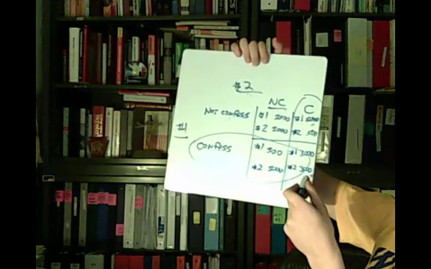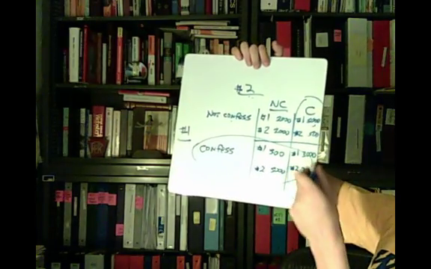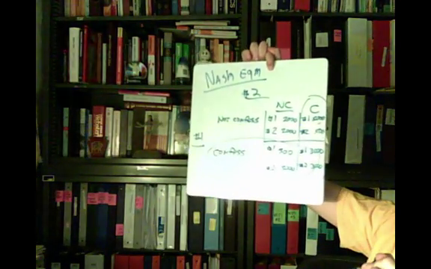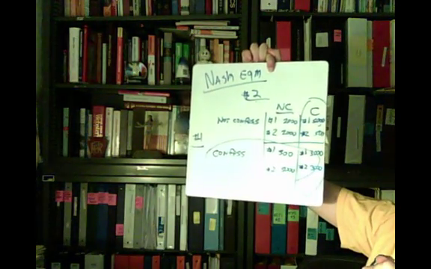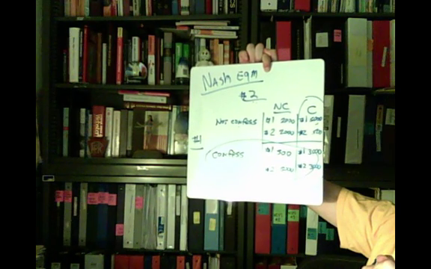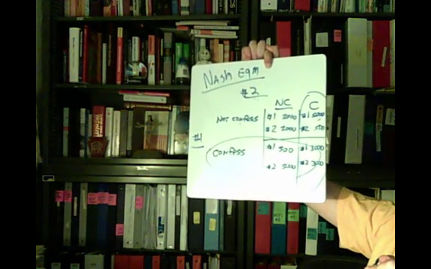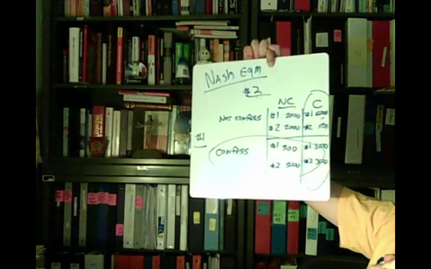Where the two dominant strategies intersect, that's actually going to be useful for us. It's actually called the Nash Equilibrium. In the Nash Equilibrium, what we're basically saying here is what is the best option for each player with full knowledge that the other player is doing the best that they can do.